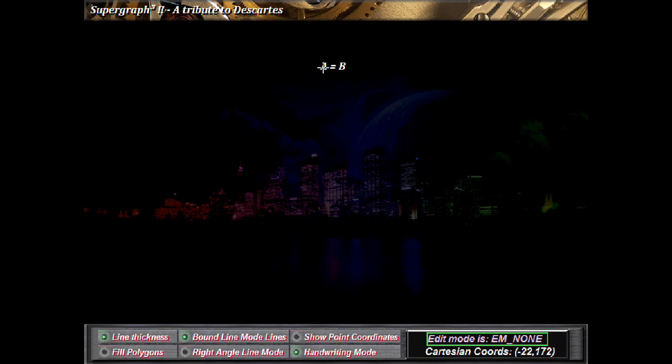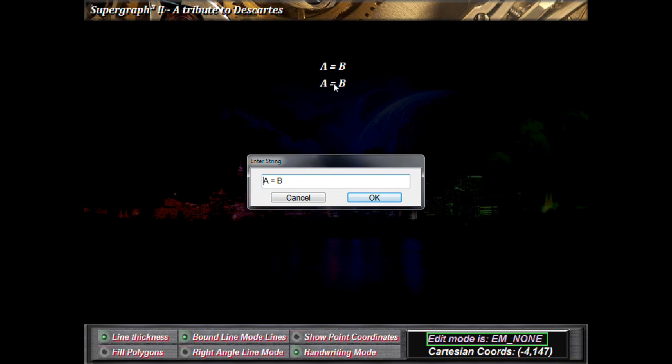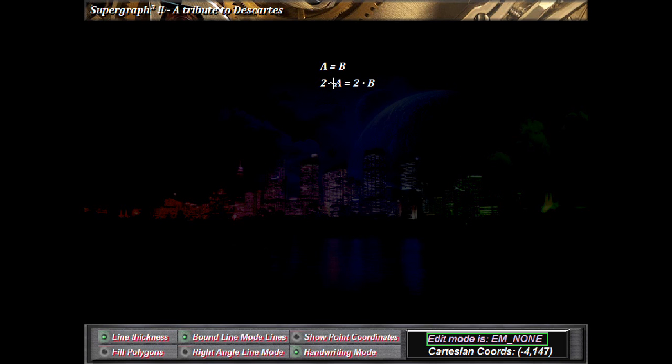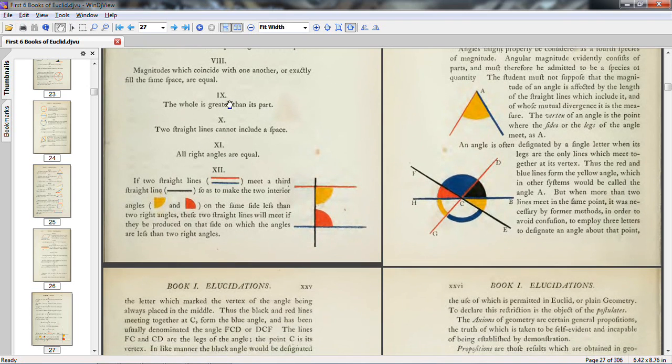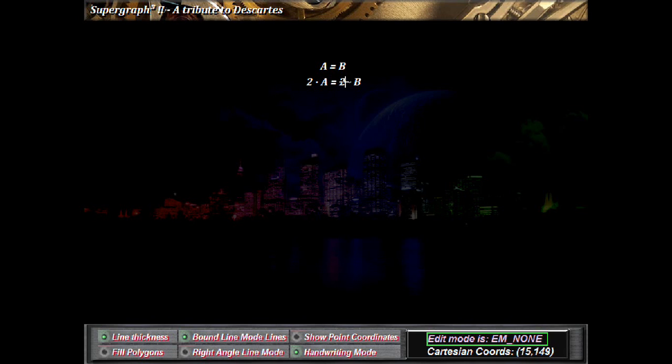So that means 2 times A equals 2 times B. I'm going to use the modern way of writing times. So that implies that we can double both sides and the equality holds the same. The halves, so we can also go the other direction.